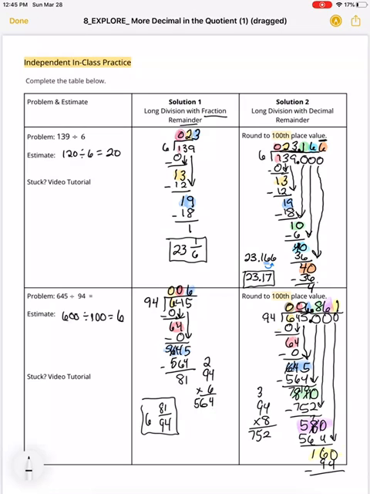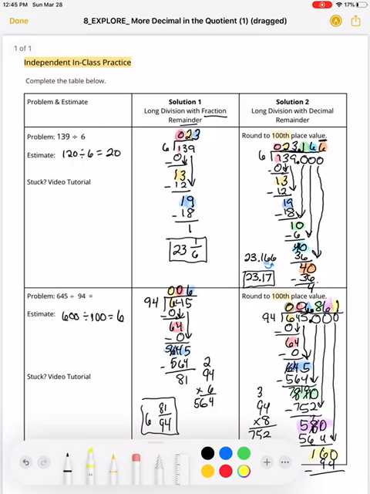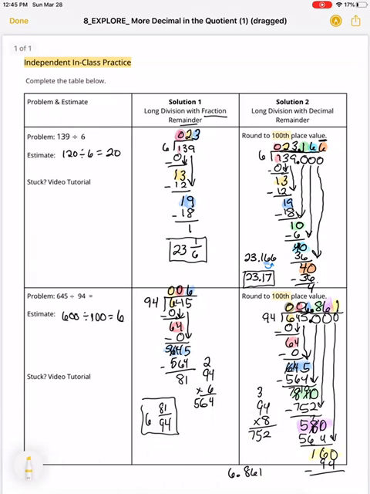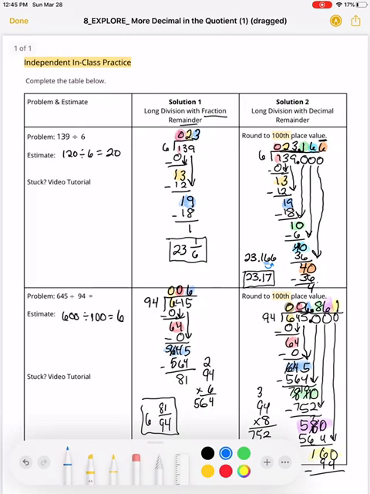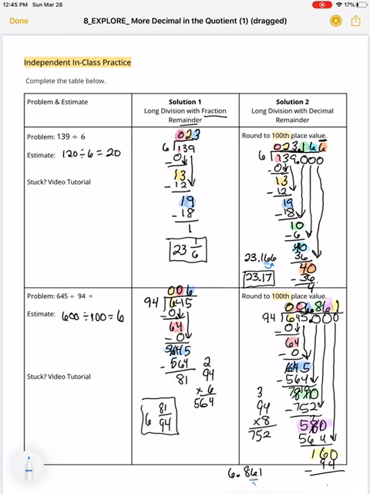So now I'm ready to say 6 and 861 thousandths. And again, remember we got to round to the hundredths place value. So here's my hundredths place value, and this one says go ahead and leave it. 6 and 86 hundredths. Thanks for listening.